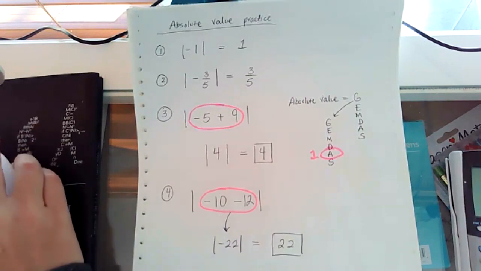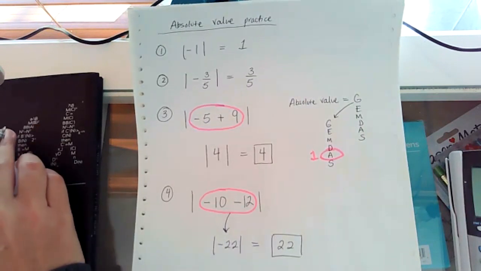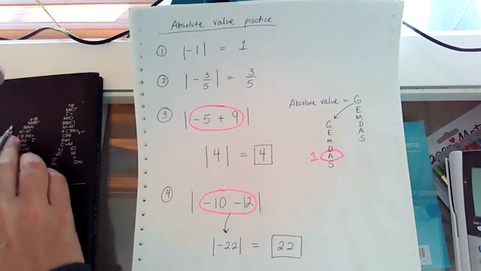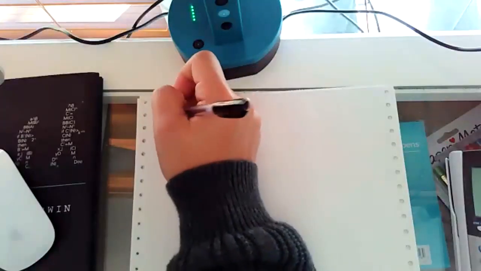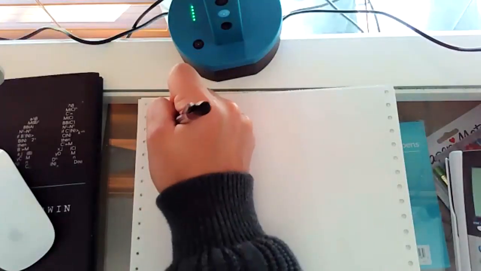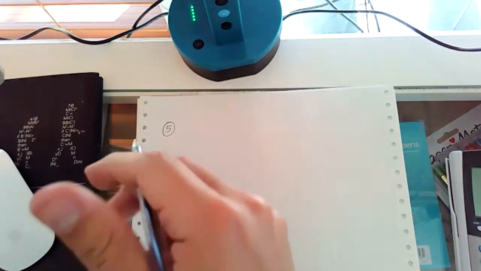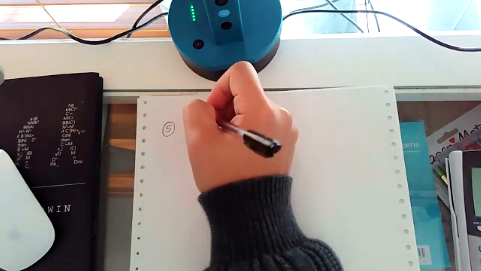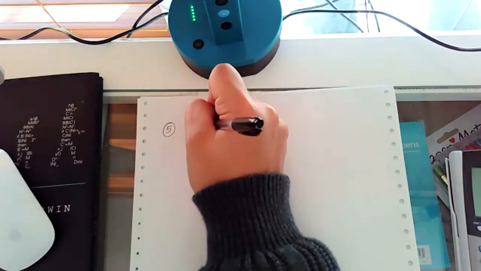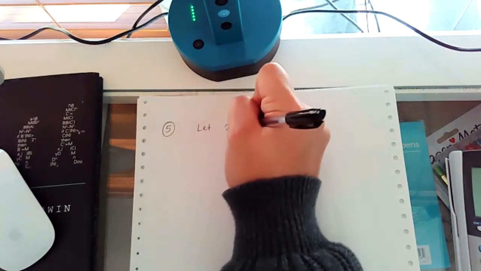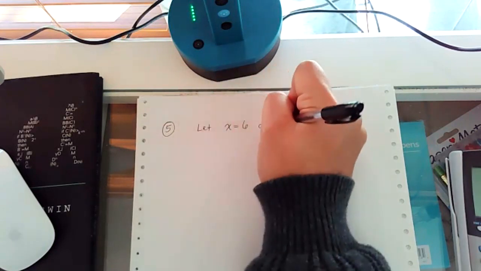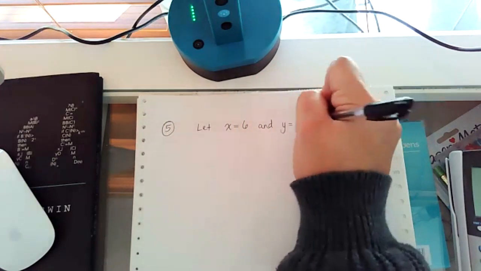Okay, we're gonna see some more absolute value stuff here in a little bit. Let me complicate your life a little bit more. You might have problems that say you have more complicated expressions. It might say let x equal 6 and y equal -8.